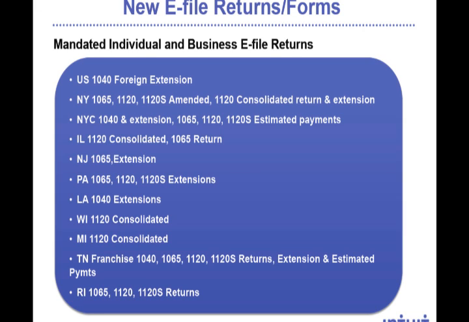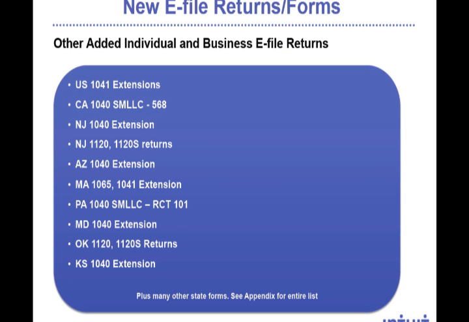And then this next list is ones that we've added that have not been mandated. So things like the federal 1041 extension, New York 1040 extension, Maryland 1040 extension, and so on. So these items, again, are not mandated, but you now have the ability to e-file these.